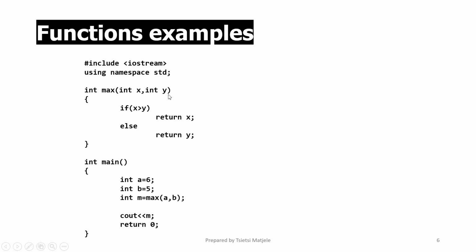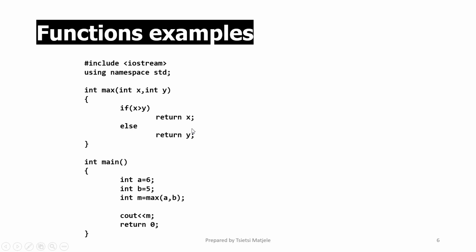This is the data type for this parameter, which is y. So we open the curly braces, then we check: if x is greater than y, then we return x. Remember our function return type is int, so we're going to return this value.